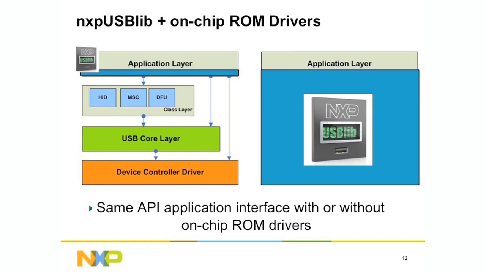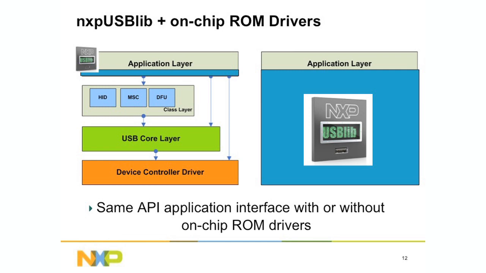If you decide to move over to the 11U2X or 3X or the 13XX or 18 or 43XX, those all have ROM drivers, then you don't have to change a single line of your application. You just flip this one switch, which is further down in a slide. You set this one definition to a 1, and USBlib turns into a very, very thin pass-through API layer.